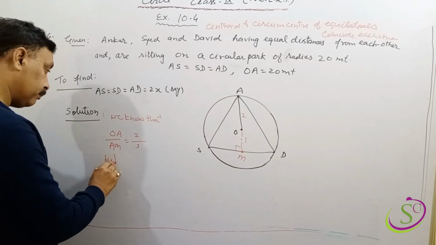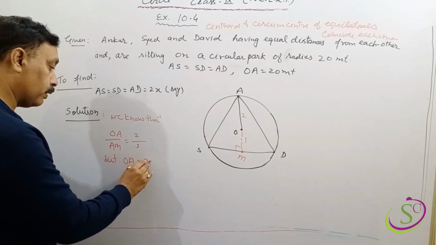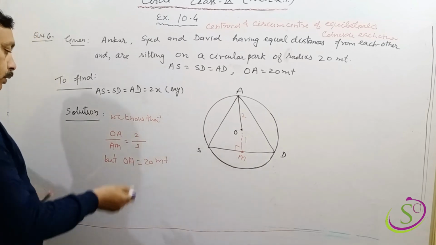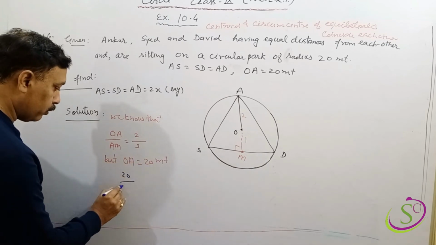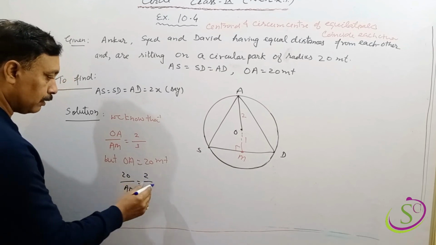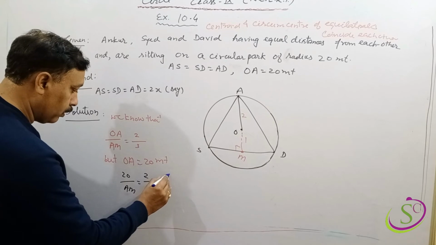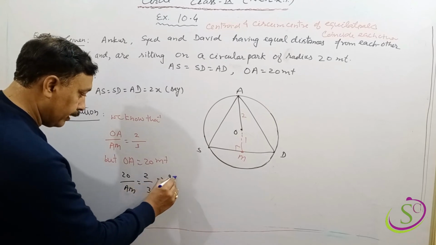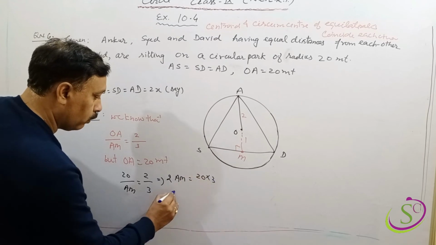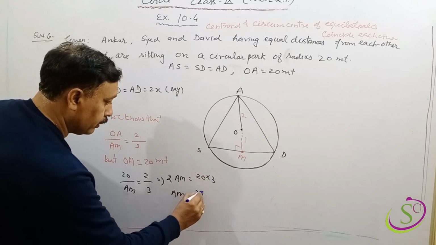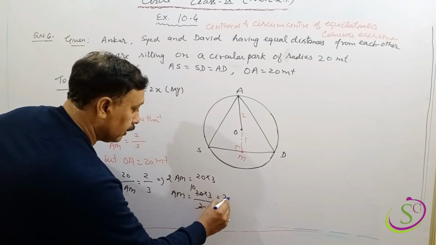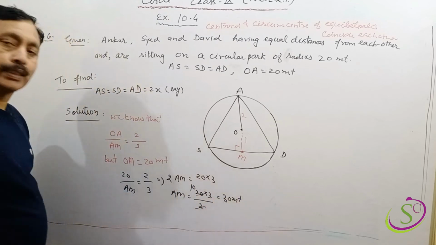But OA is 20 meter. So replace OA by 20. So 20 upon AM equal to 2 upon 3. We will cross multiply. So twice of AM equal to 20 into 3, or AM equal to 20 into 3 upon 2, that is 30 meter. Is it clear?